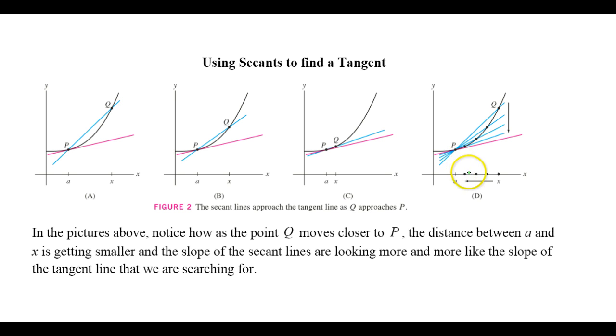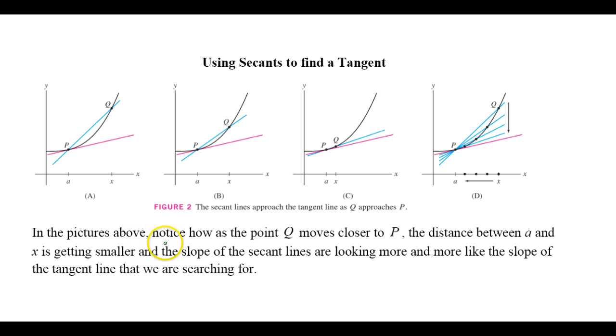So hopefully you sort of heard the key phrase that X is approaching A, and you think of the concept that we developed first, the notion of limits. So that's how we're going to relate the notion of limits to the concept of derivatives. So we're going to use secant lines and the notion of X approaching A to help us find the exact slope of the tangent line using these secant lines.